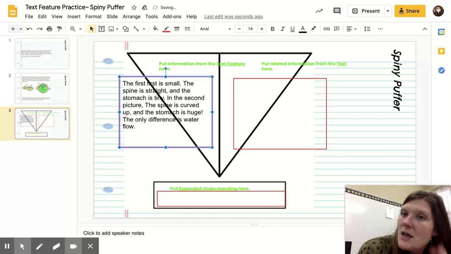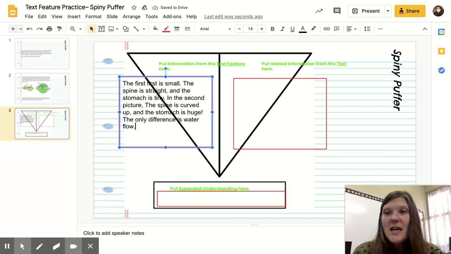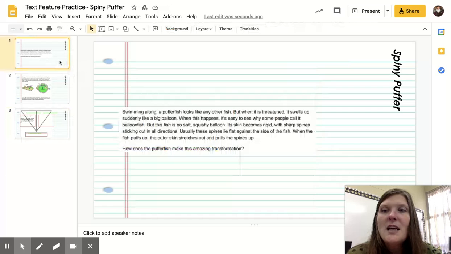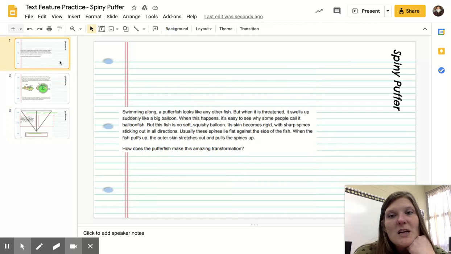Okay, so now I've got to go back to the text. I'm going to read through it. It says, swimming along, a puffer fish looks like any other fish. So that's kind of the first picture, right? But when it is threatened, it swells up suddenly like a big balloon. That's kind of like the second picture. When this happens, it is easy to see why some people call it balloon fish.